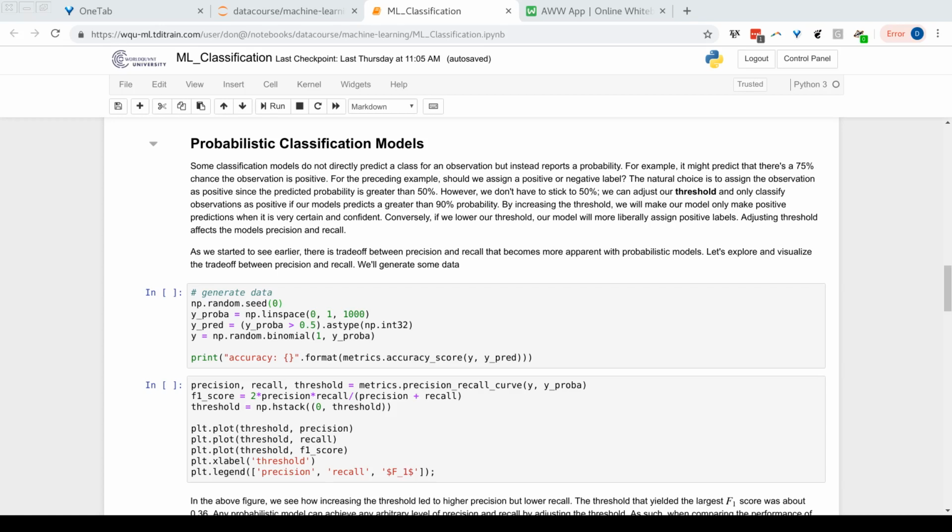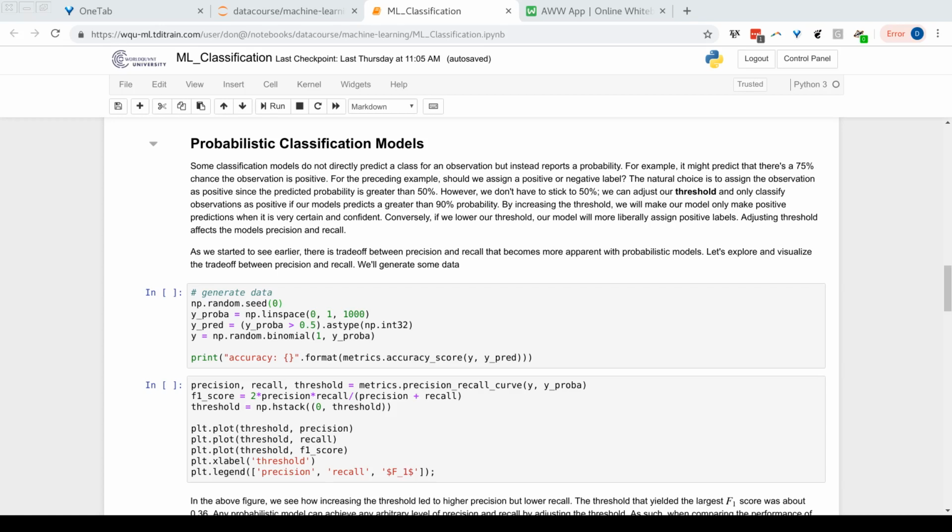On the other hand, if it becomes very important for me to make sure that any image that comes in here, if it's a cat, I label it as a cat, then I can drop my threshold to be very small. Because my threshold is very small, I only need a very small amount of certainty to say something is a cat or not.